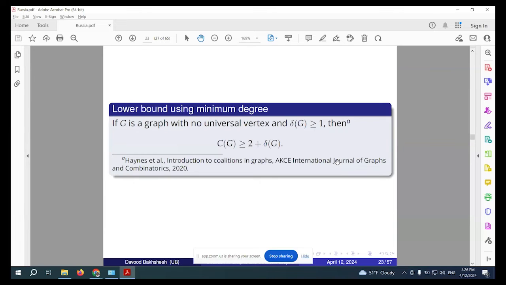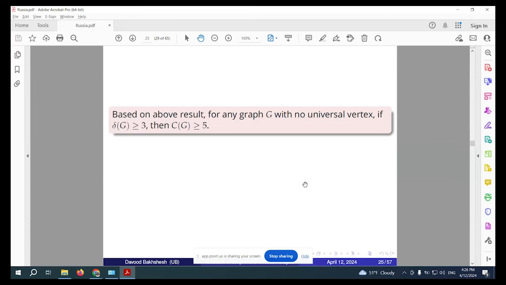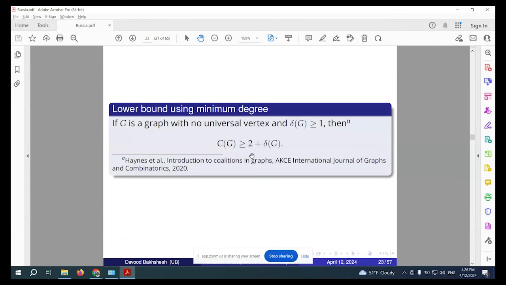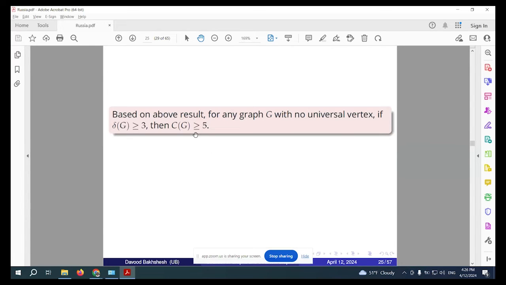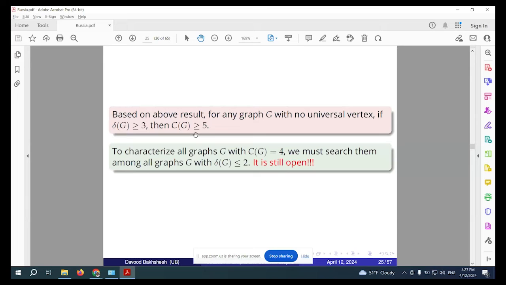Now, in this result, delta(G) is at least 1. Suppose that delta(G) is at least 3. Then, according to this result, C(G) is at least 5. Then remember the open problem of characterizing all graphs G with C(G) equal to 4.